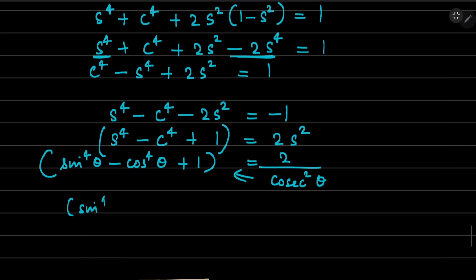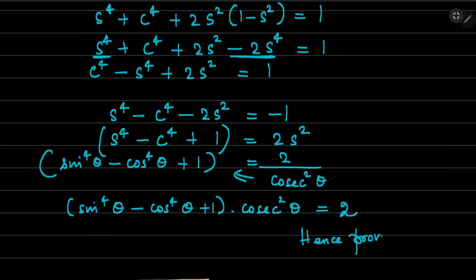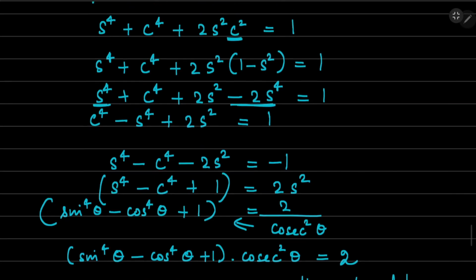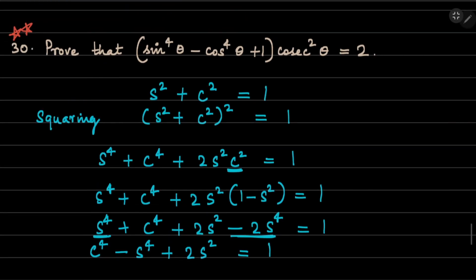Sine to the power 4 theta minus cos to the power 4 theta plus 1 multiplied by cosecant square theta is equal to 2. Hence proved. Please do this once or twice and do revise it. Only then it will be clear. Okay, this is quite an important question.